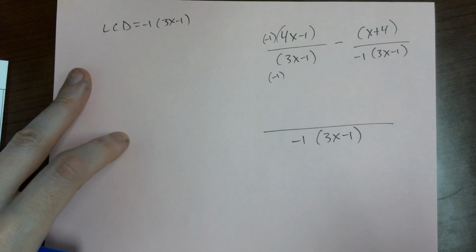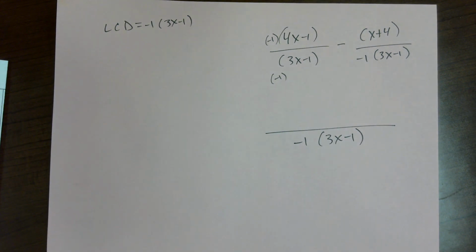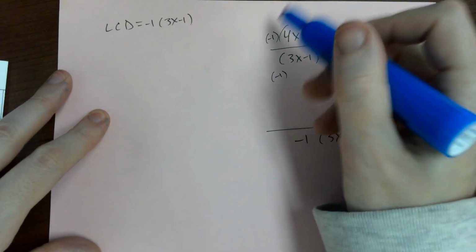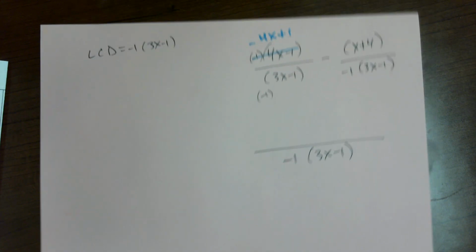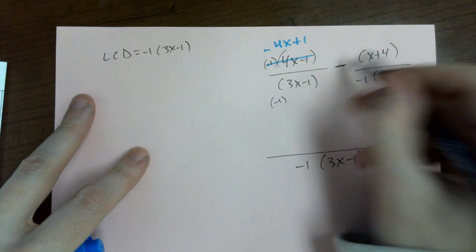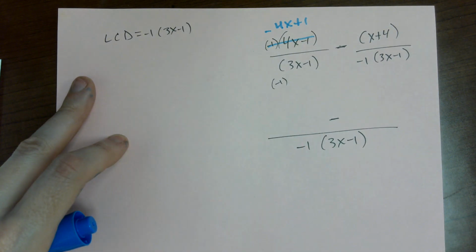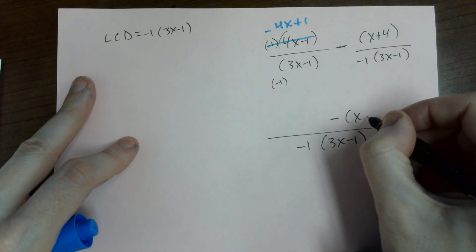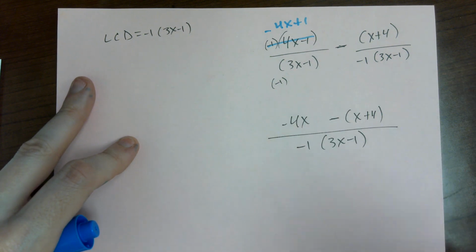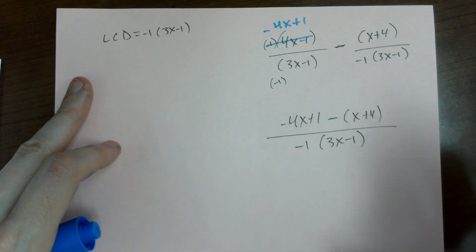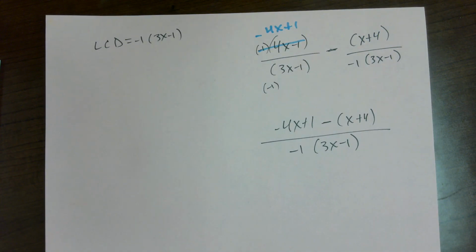Okay. And then, so I'll distribute this here. So I've got this subtraction right in the middle. And then I'm carrying these down. And then I just keep distributing, combining like terms until I can't anymore.